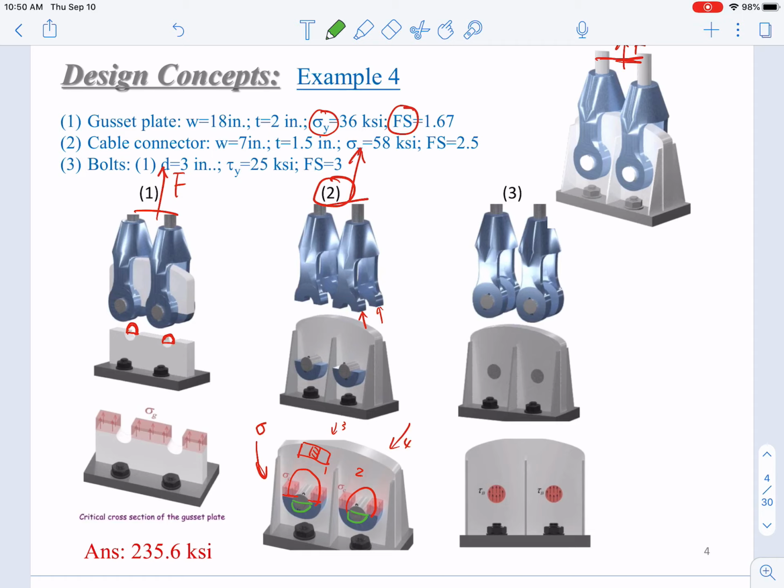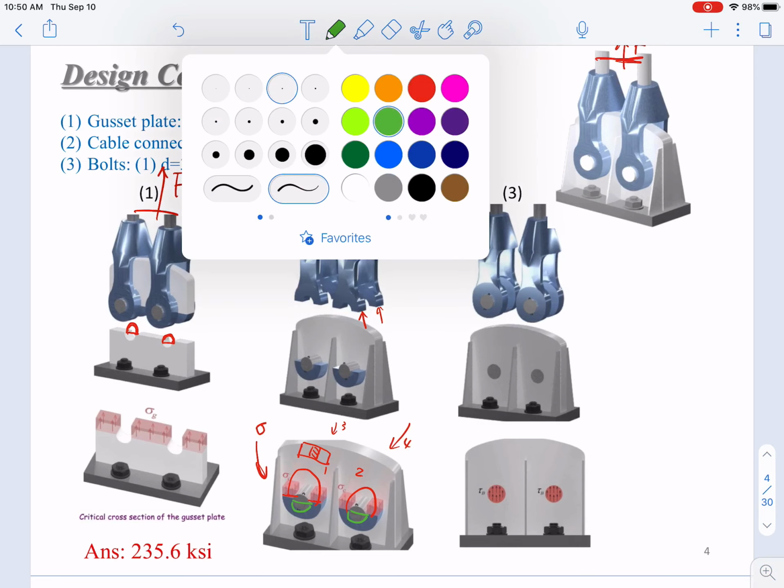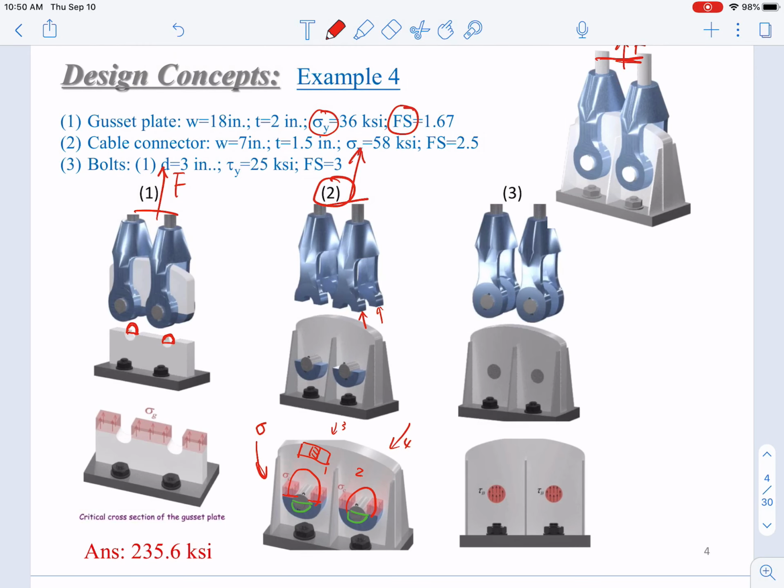Then in step 3, we examine the bolts. The bolts only carry shear, so we have to examine the shear stress. So just the surfaces, the cross-section areas are 1, 2, and on the back side 3, 4.